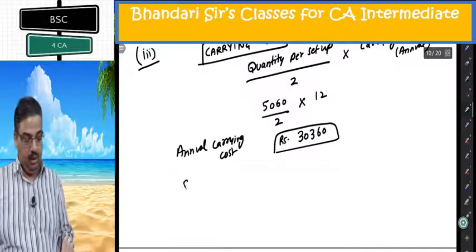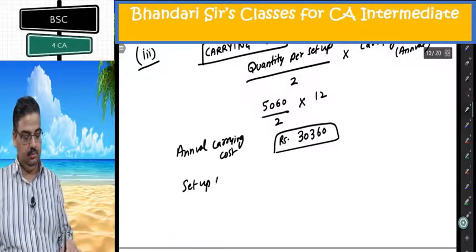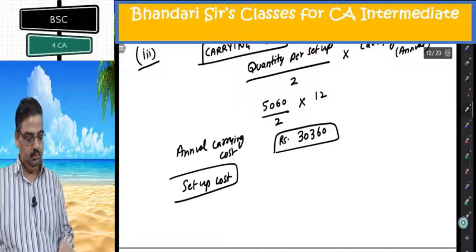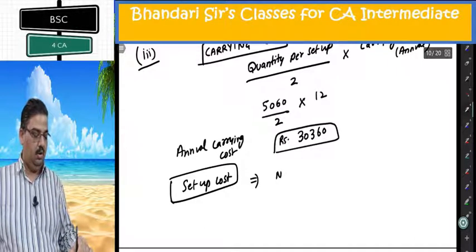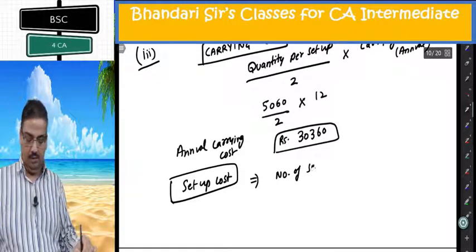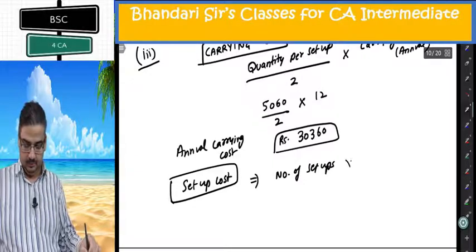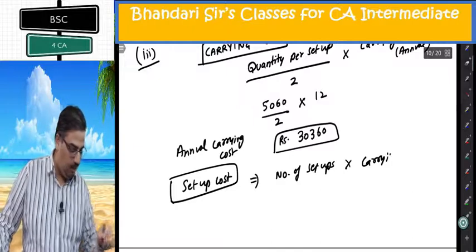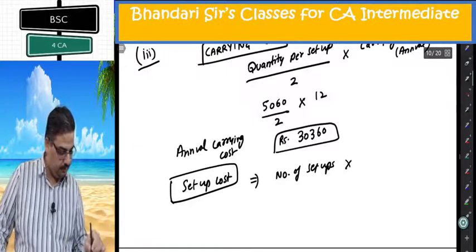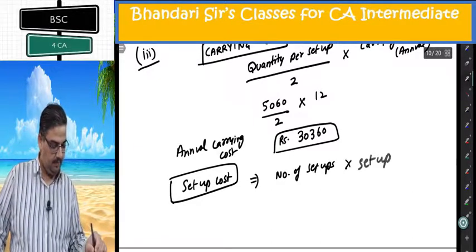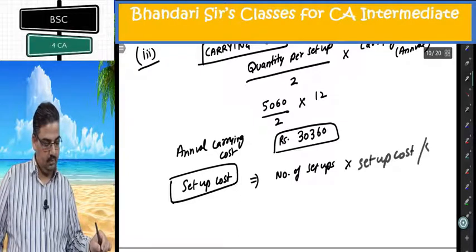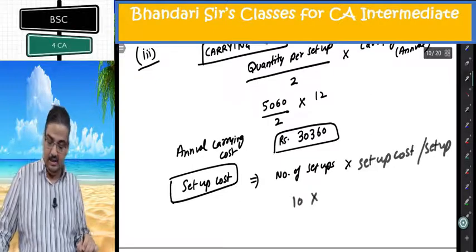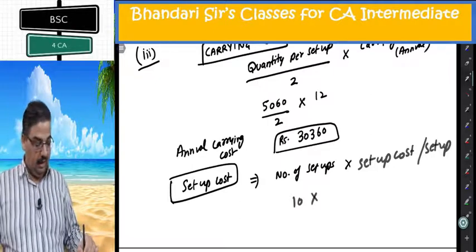Another cost that I could have computed, setup cost. Number of setups multiplied by setup cost per setup. We said approximately 10 setups multiplied by 3200.